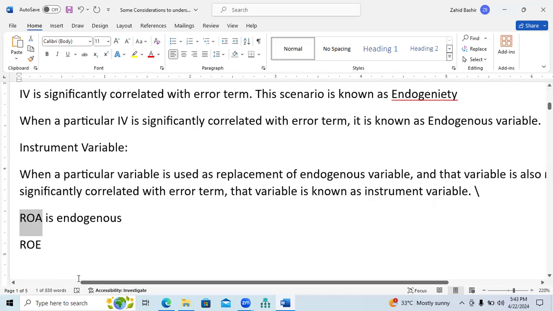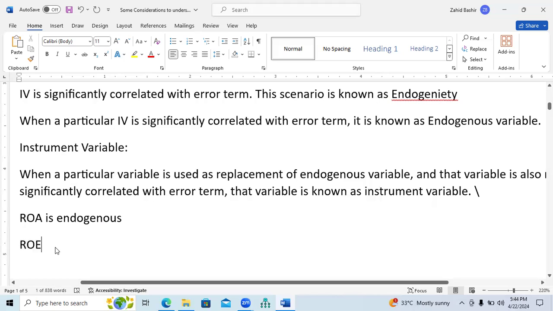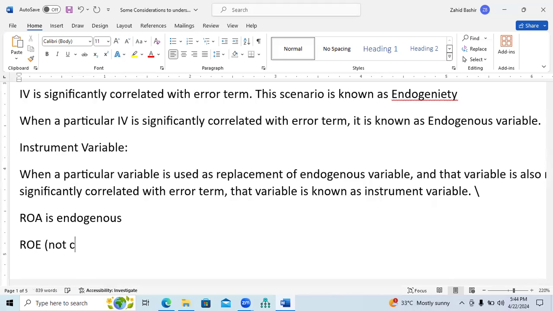You cannot consider any unrelated or unspecified variable as an instrument variable. So ROA is replaced by ROE. You need to check whether ROE is significantly correlated with the error term or not. Let's suppose it is not significantly correlated with the error term. Then it would be considered an instrument variable.